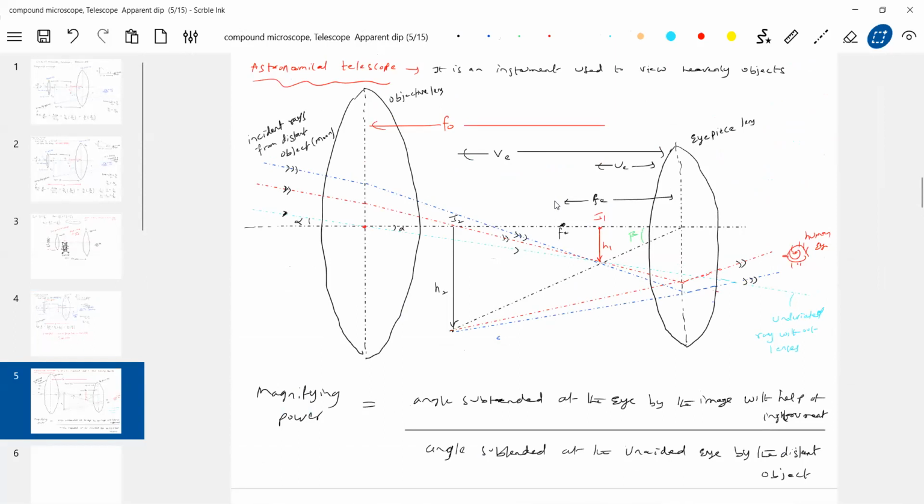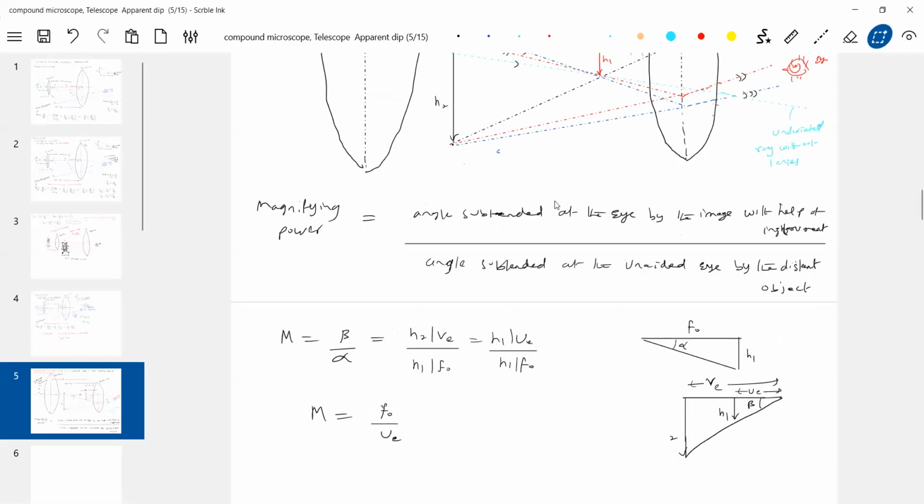Now we'll go for if the image is at near point. Image at near point means VE will be at 25 centimeter. Then what should I do with the UE? I should calculate the required UE value in terms of that capital D. If the image is that far away, then UE will become equal to FE.